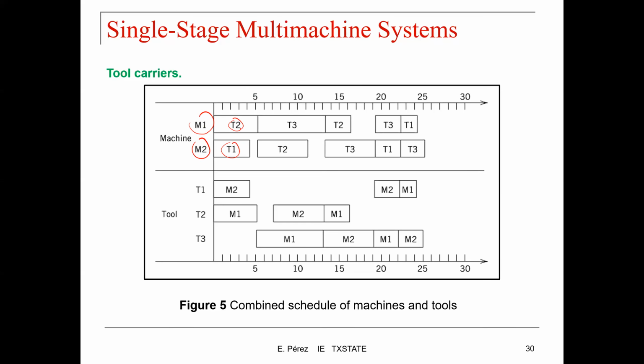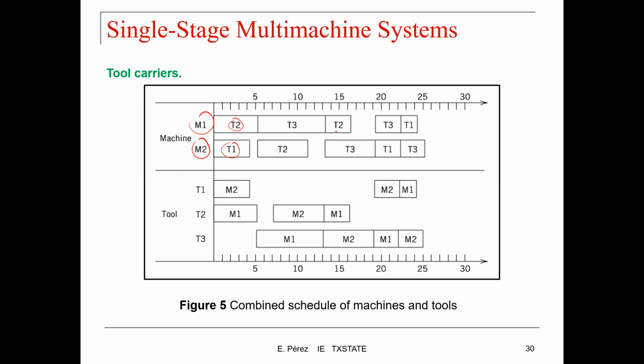So for example, machine 1 will have tool number 2 up to time 5, and then tool number 3 until time 13, and then tool number 2 again, and then M2 will have a different schedule.